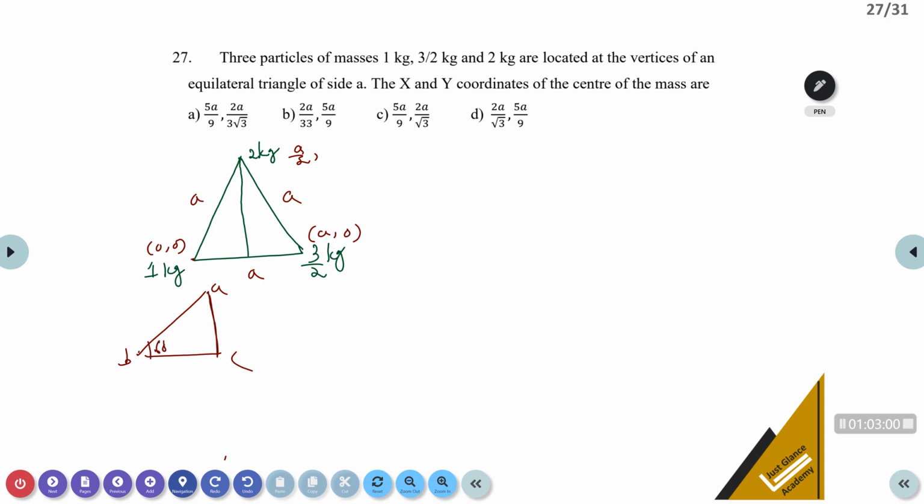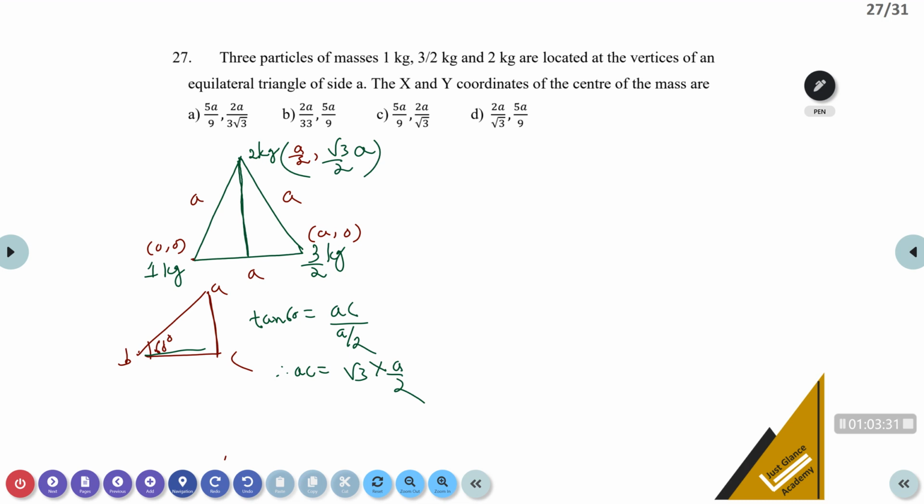This angle is 60 degrees. So tan 60 equals AC, this quantity, divided by this one, which is A by 2. Therefore, AC equals tan 60, nothing but root 3, into A by 2. So this ends up root 3 by 2 A. These are the coordinates.